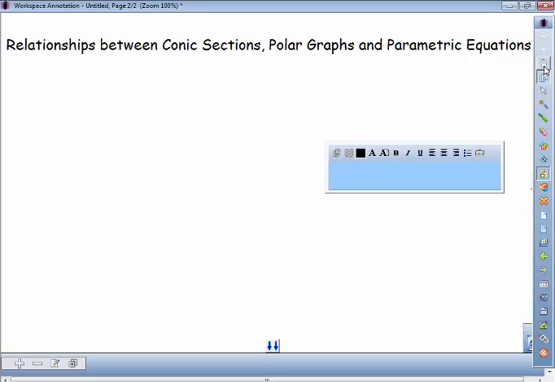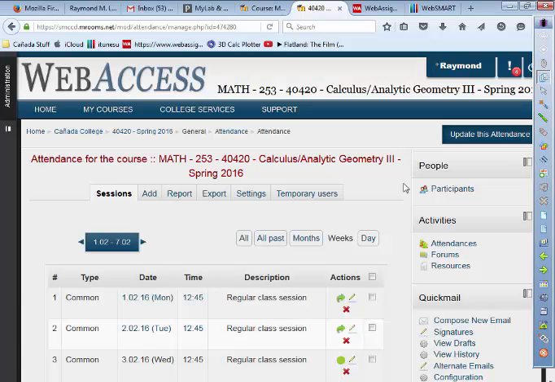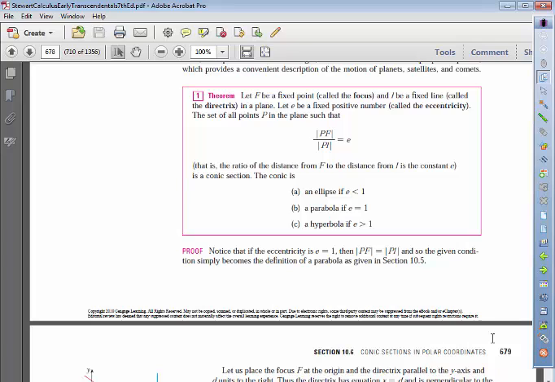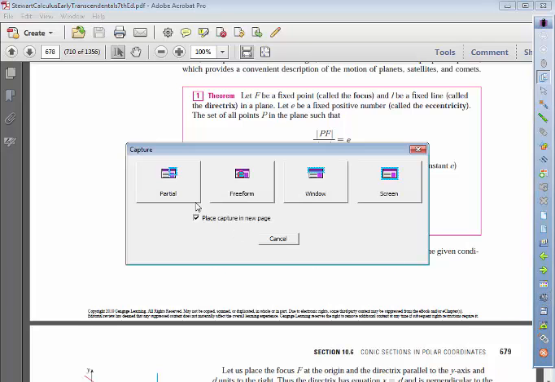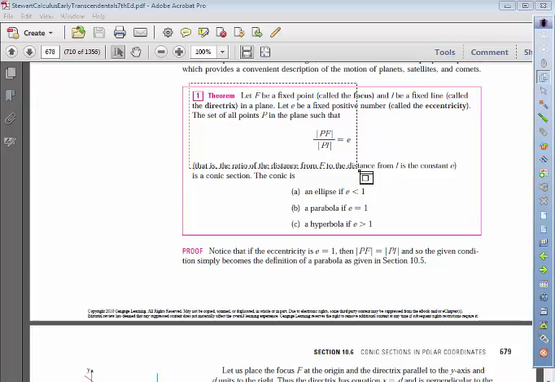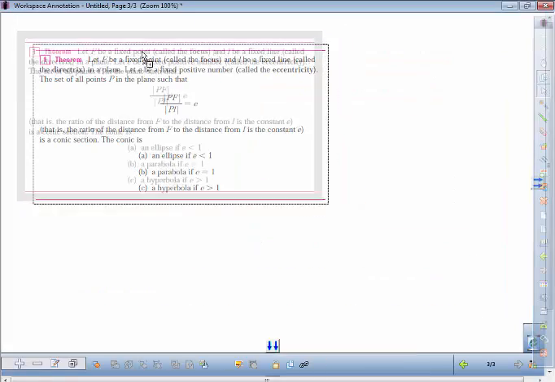Yeah. Okay. So, like I said, I don't have notes, so I'm just going to copy from the book. And we'll try to dig out some examples and stuff like that. So let's take a look at this theorem that's in your book.